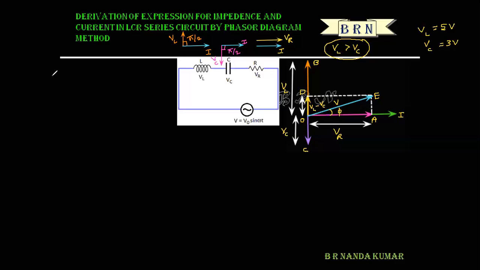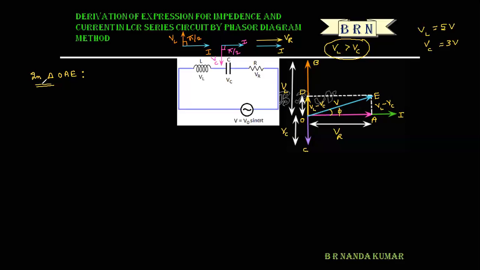In the triangle OAE, we have to apply the Pythagoras theorem. OD magnitude is VL minus VC, and AE magnitude is also the same, VL minus VC.